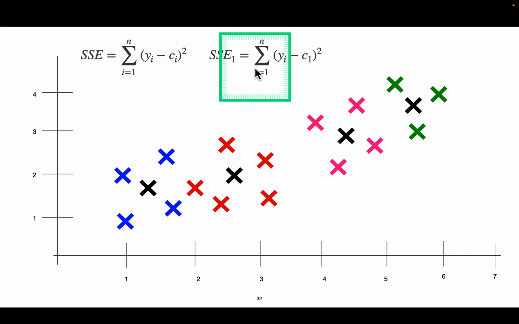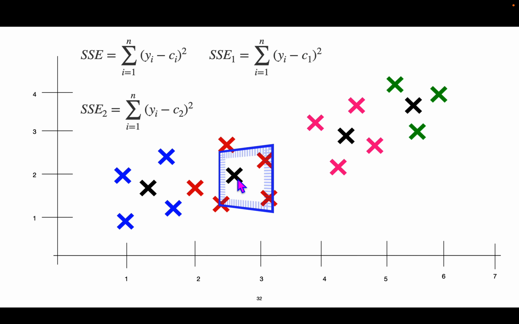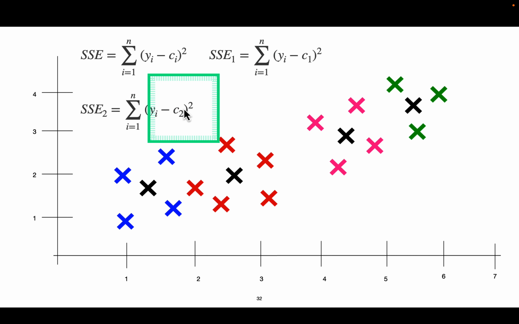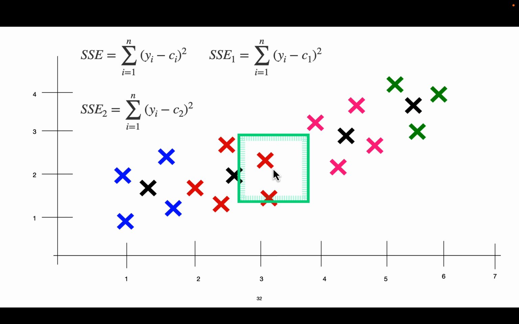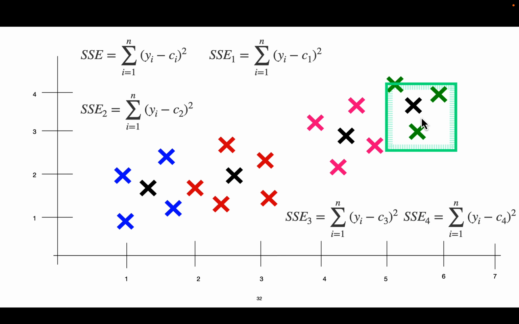For this cluster, I calculate the distance and square it, calculate the distance, square it, and so on. This is the sum of squared error for this cluster. And then the same for the red, the pink, and the green.